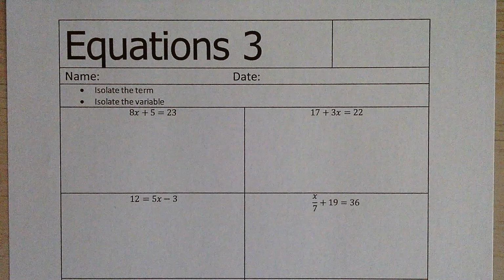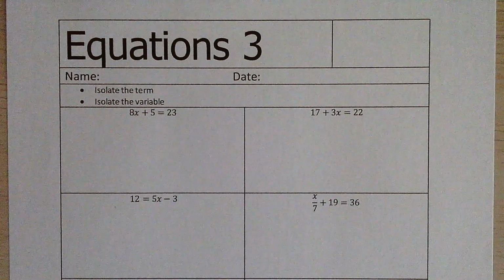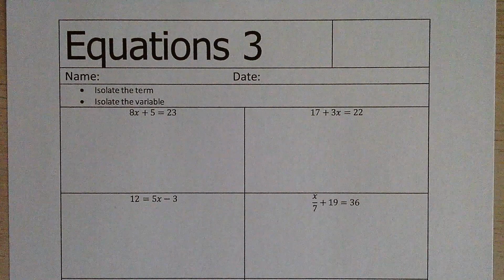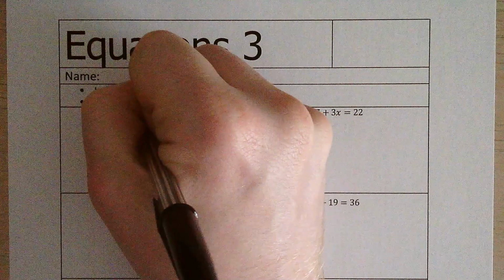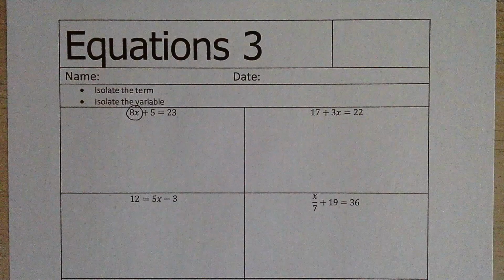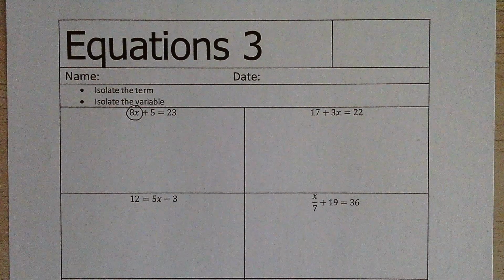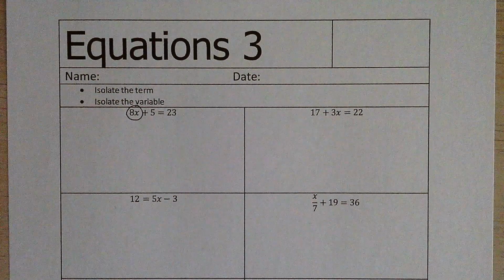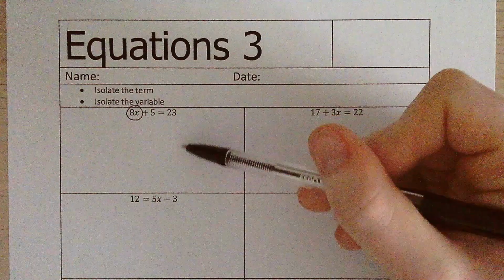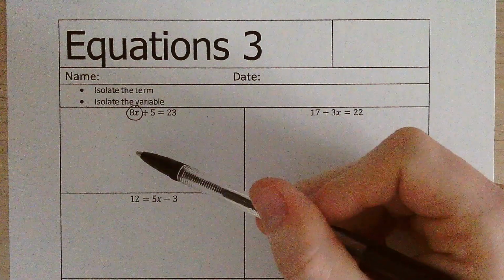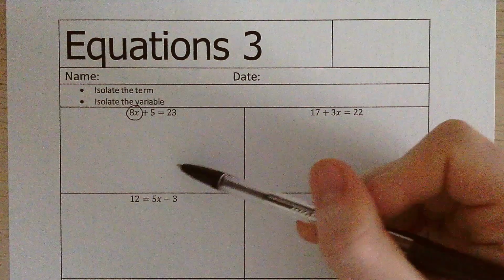So, with the first question, we need to isolate the term that contains the variable. So I'm going to circle the term 8x. I need to isolate this term by itself. So after I do my working out, I want my next equation to be 8x equals and then a value.